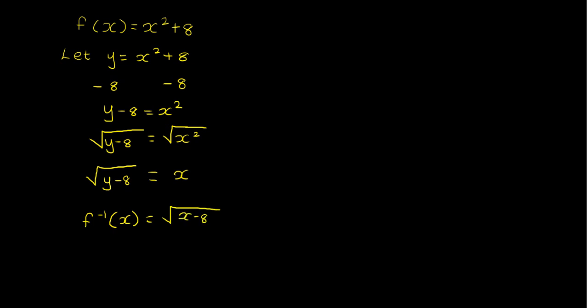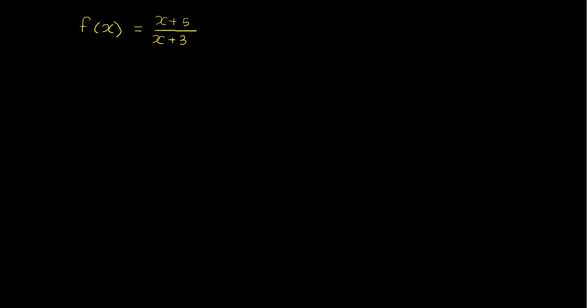Okay, I'm going to move on to this situation. Now my f of x is a fraction where the x is in the numerator as well as the denominator. So again, my starting point is let y equals x plus 5 over x plus 3. Now the fraction on the right hand side is a single fraction.